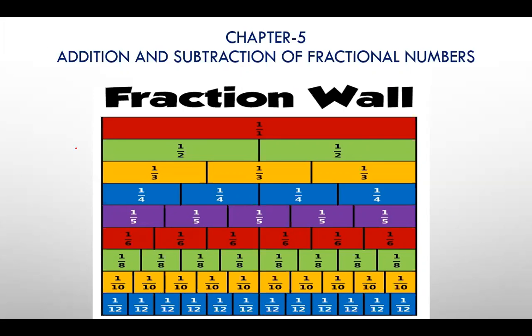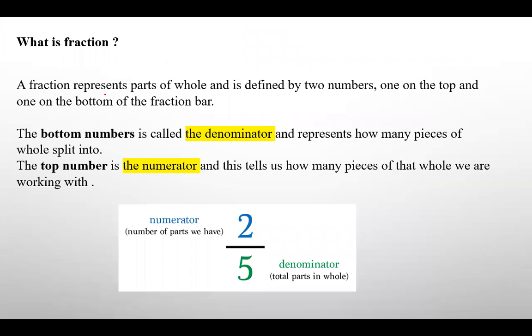So what is a fraction? A fraction represents a part of a whole and it is defined by two numbers, one on the top and one on the bottom of the fraction bar. It means that we are dividing a whole into parts.